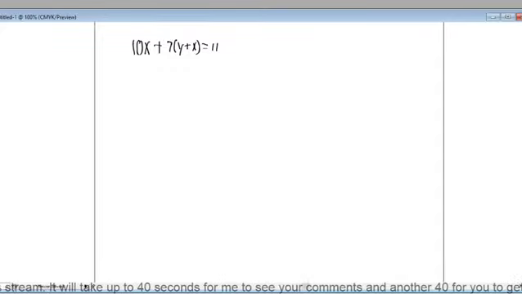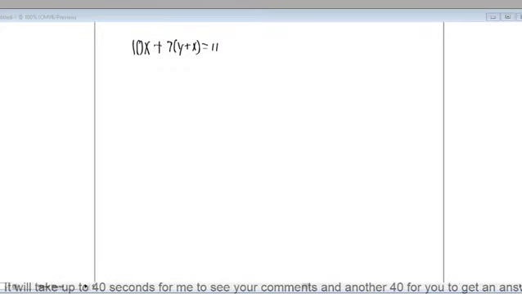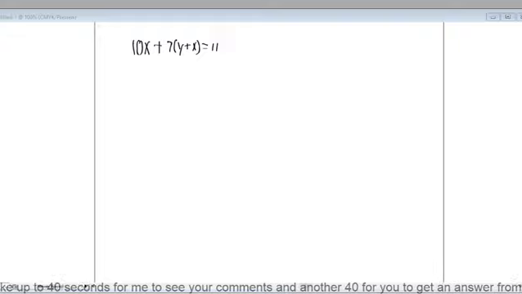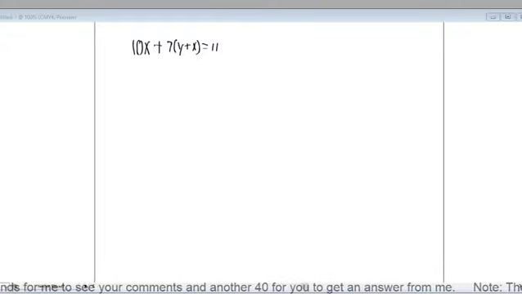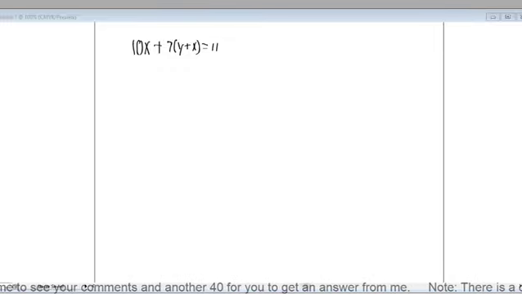Same idea. We want to get the x's and y's on one side. Lucky for us, they already are. So really all we have to do here is simplify.